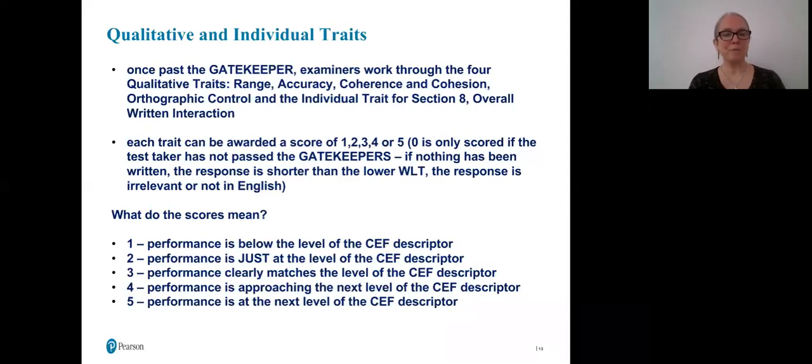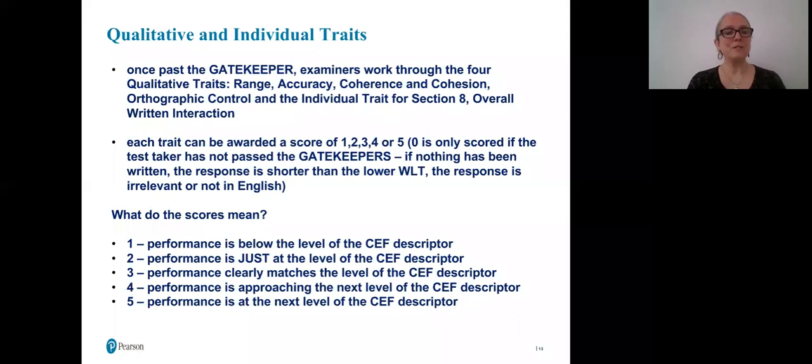A score of 3 would mean that it clearly matches the descriptor. A score of 4 would mean that the test taker's performance is approaching the next level of the Common European Framework descriptor. So when we're marking, for example, level 3, we would award a score of 4 if we felt that the test taker is actually using some of the skills that would be required at level 4.